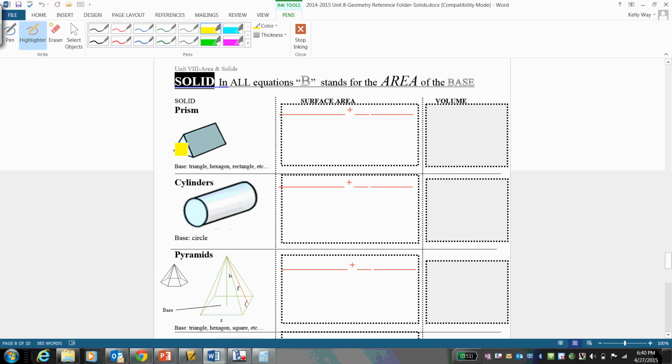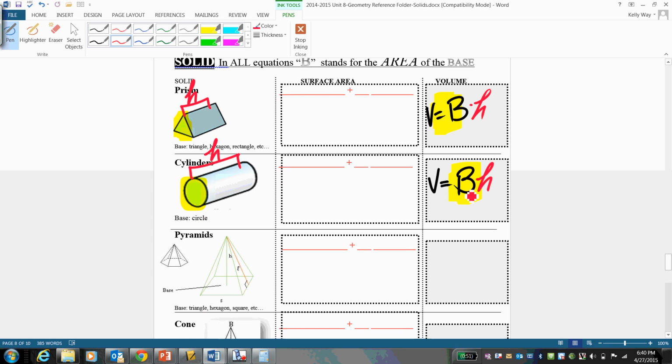Volume for a prism is simply area of the base times the height, which is the distance between the bases. A cylinder is exactly the same thing. Volume equals area of the base, capital B, times the height as well.